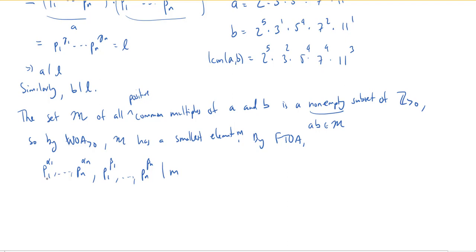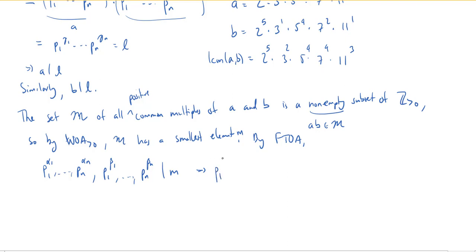Now, saying that P1 to the alpha 1 and P1 to the beta 1 divide M is a little bit inefficient. If one of these numbers is bigger, like say alpha 1 was a 3 and beta 1 was a 5, then it's a stronger statement to say that P1 to the 5 divides M than to say P1 to the 3rd divides M. So we might as well only choose the largest of them. But choosing the largest just means you're looking at the gammas.